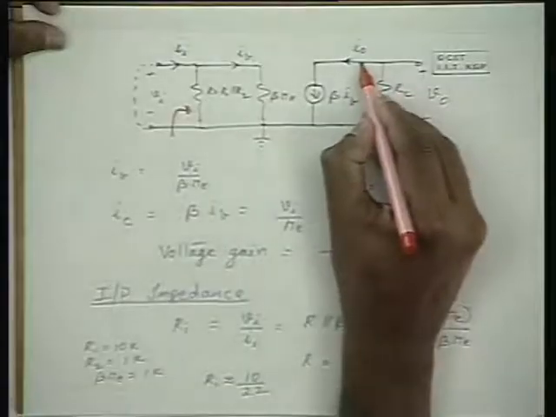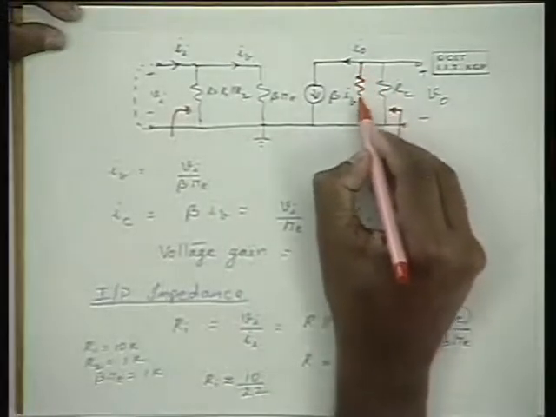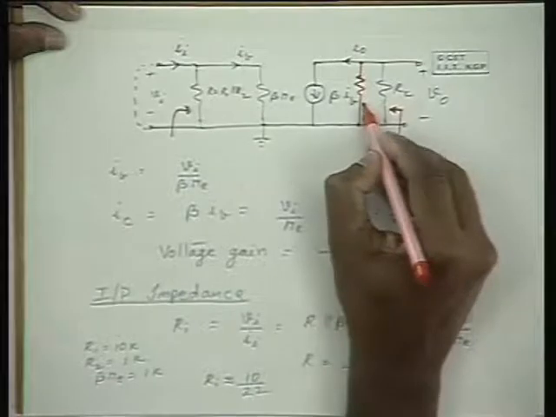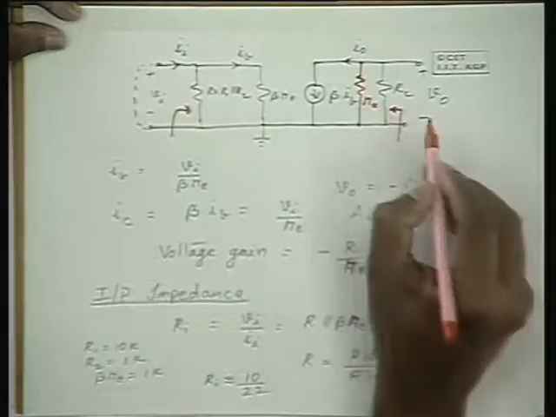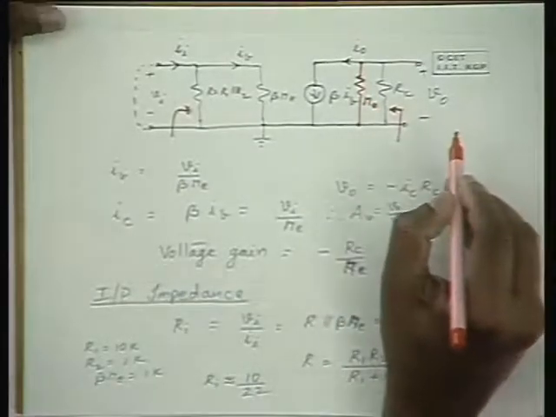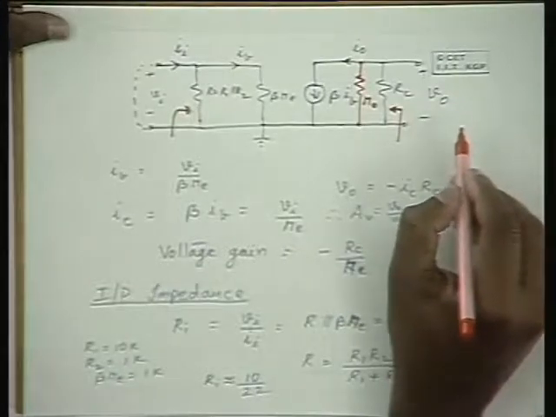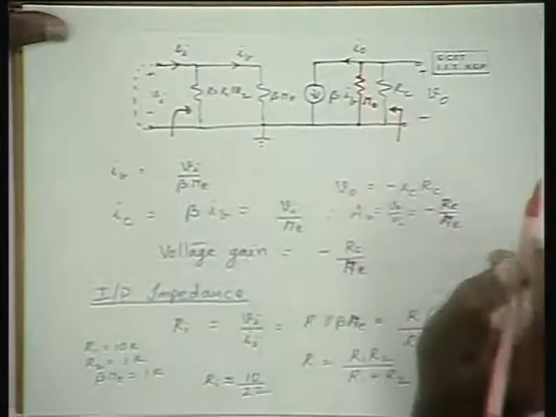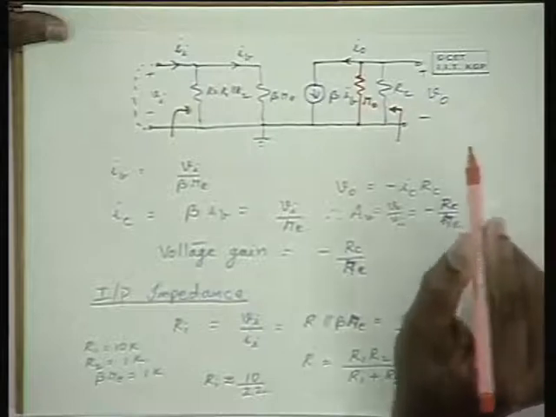Now, let us repeat this analysis with a more accurate model, that is by introducing the output impedance R0, which is of the order of 40 kilo ohms in the case of a common emitter model. Now, let us introduce R0 here.